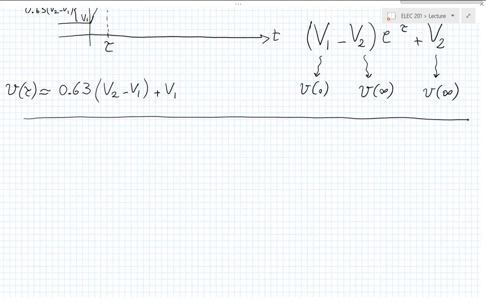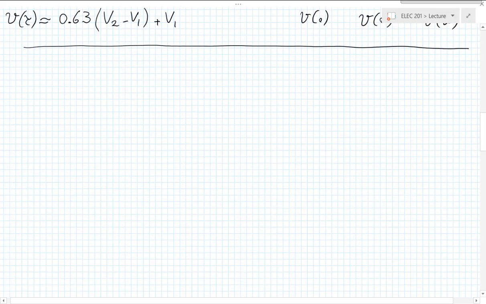I want to also formally define the concept of step response. It's something that we have seen in multiple examples. And then pulse response.